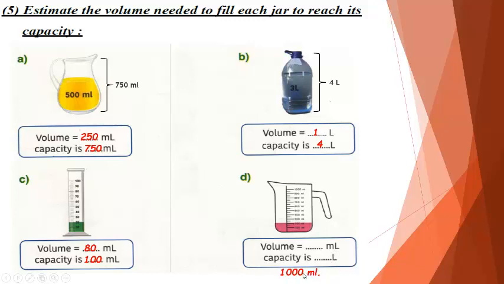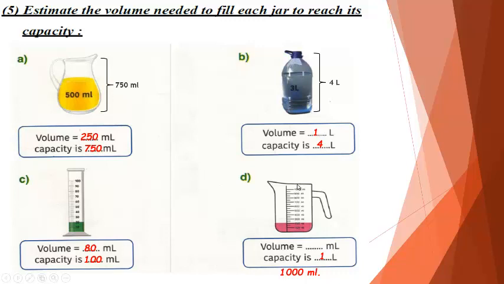So 1000 milliliters here equals 1 liter. Okay, let's find the part needed, the volume of the liquid needed to fill the jar. You are going to find that here I have just 200. I want them to be 1000.